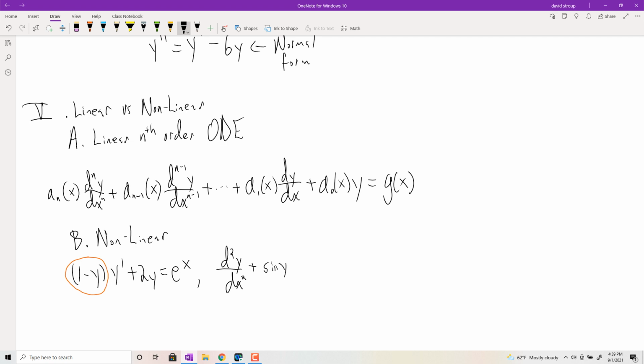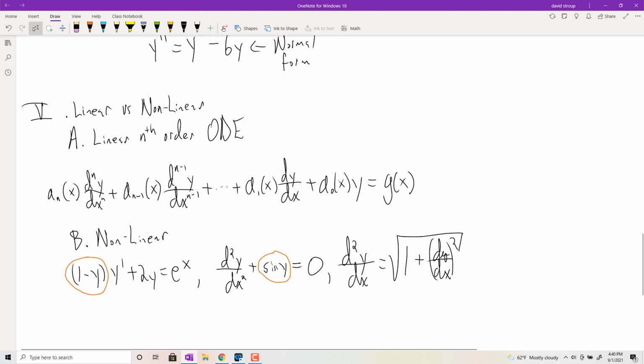They have to just be factors of themselves, right? So having sine of y is bad news, and that's going to make it nonlinear. Another one, the example I showed you above, is also nonlinear, because we have this function of the derivative sitting inside the square root. Okay. So all those are nonlinear.